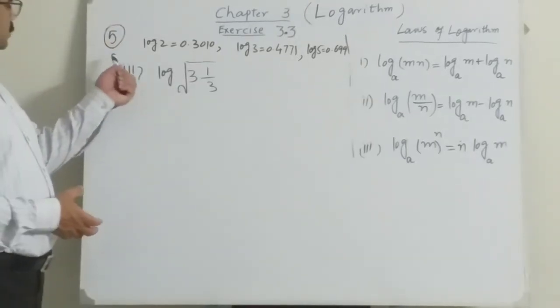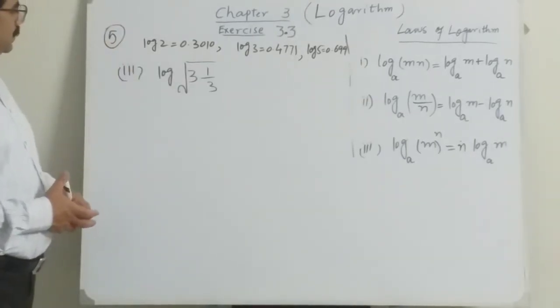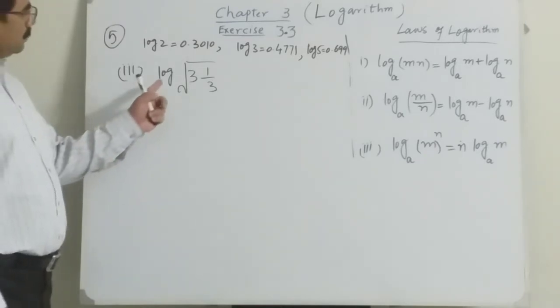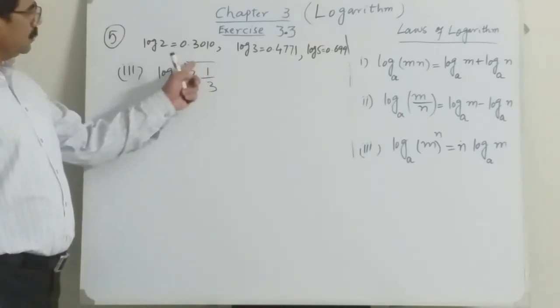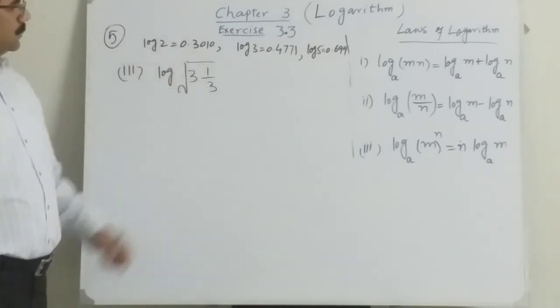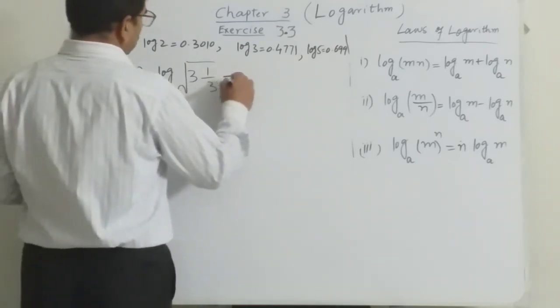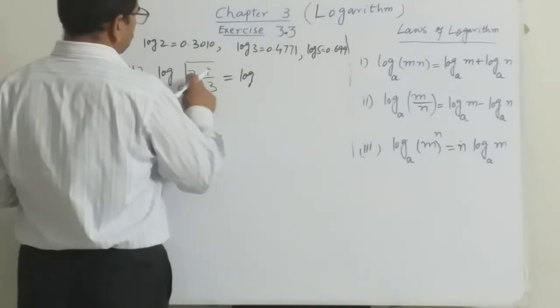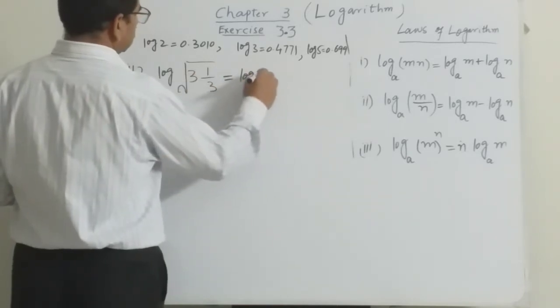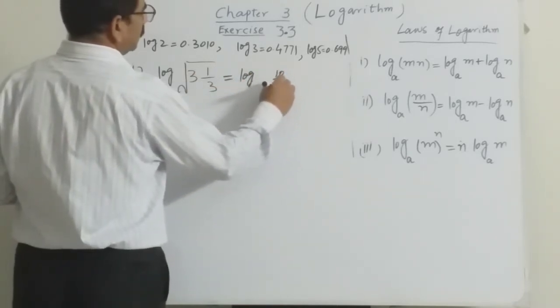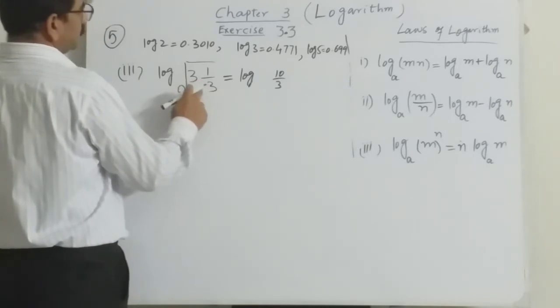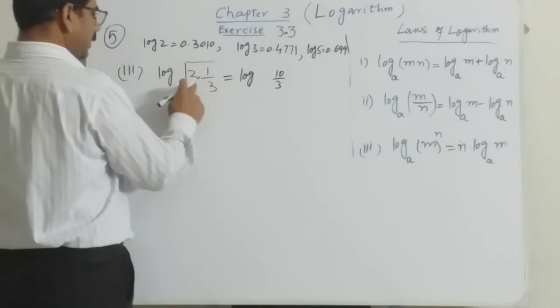In the third part of question number 5, we have to find the value of the logarithm of 3 whole 1 over 3 square root using the given values of log 2, log 3 and log 5. Now 3 whole 1 over 3 can be written as 10 over 3 because this is a mixed fraction.